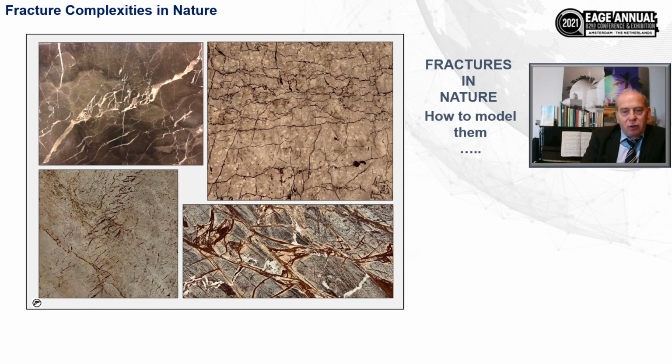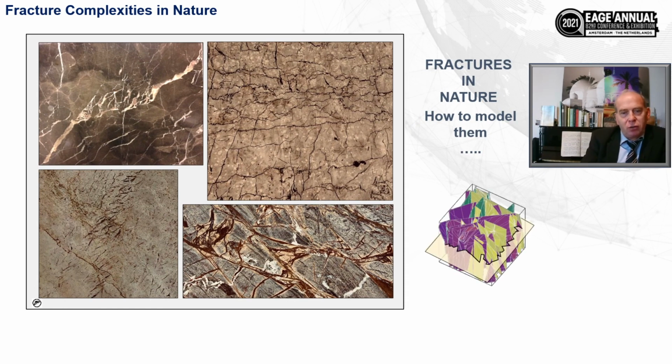So let's take a look at the complexities fault and fracture networks present in nature, because one of our main objectives is of course to present these complexities in a three-dimensional computerized model.